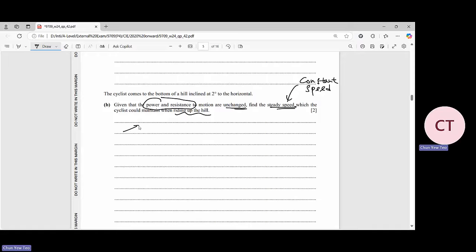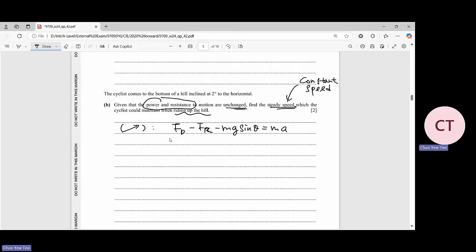So when you're going up the hill, if you resolve the forces along the inclined plane, you will have the driving force minus the resistance force. This time you have to minus your weight, mg sine theta. Then it will be equal to ma.